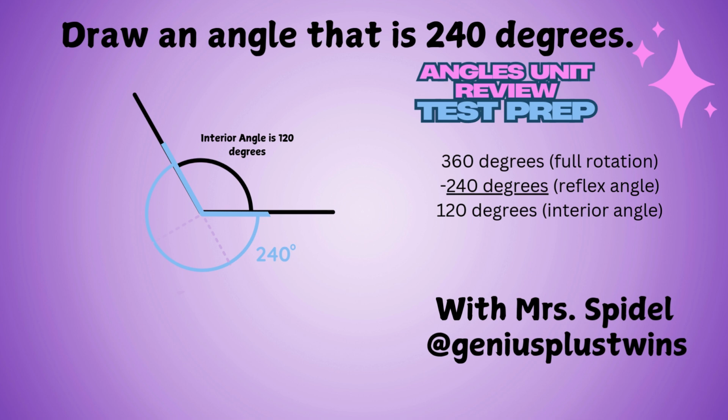Connect those points, and you will have drawn a 120 degree angle. But you also will have drawn your reflex angle that you needed to, which is 240 degrees. That is the angle that is the opposite of the interior.